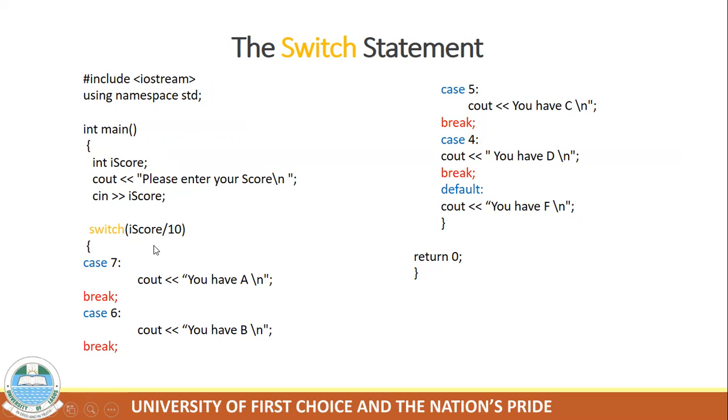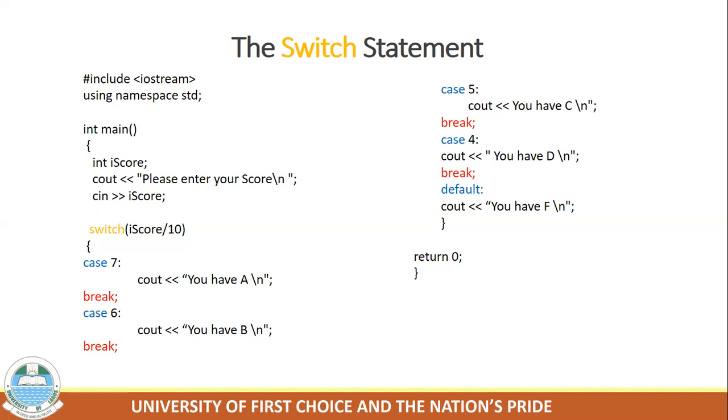Then you divide the score. Because the score is declared as an integer, when you divide it by 10, the result you will have will still be an integer.